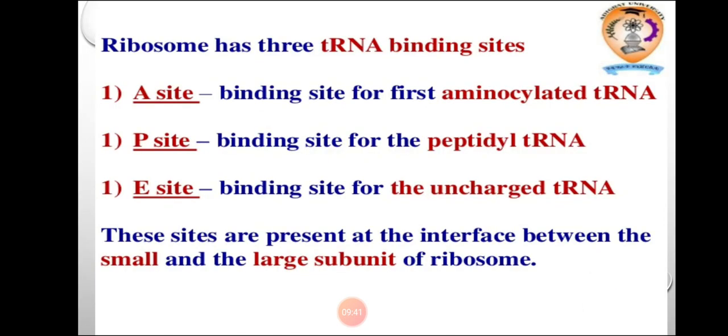We are going to continue this topic in our next lecture, that is, the mechanism of translation. Today we studied the introduction of translation and its requirements, in detail amino acids, DNA, RNA and ribosomes.